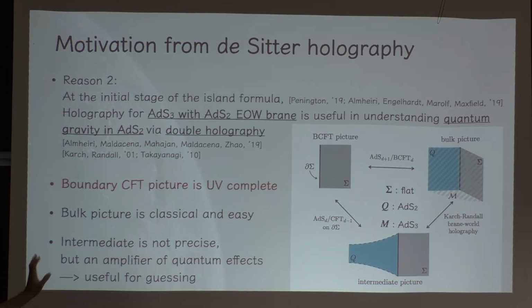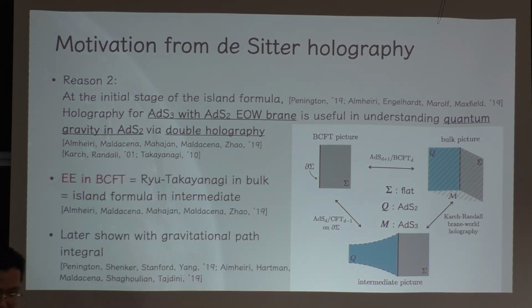But one thing I want to say is that it's very useful for guessing. So here's an example. In this paper, the authors argue that entanglement entropy in BCFT, which is a totally well-defined thing, is highly related to some dynamic computation in the bulk, which can be further interpreted as an island formula in the intermediate picture.